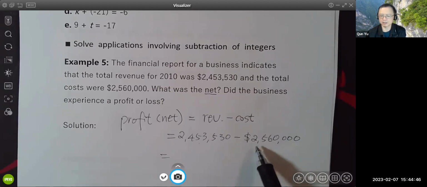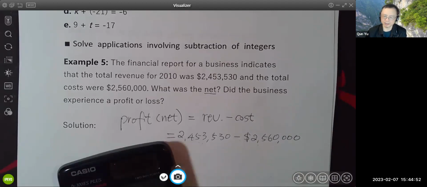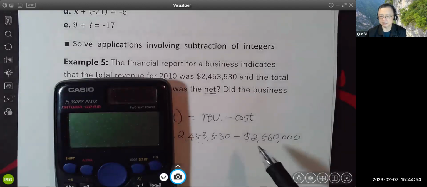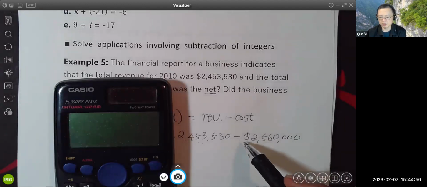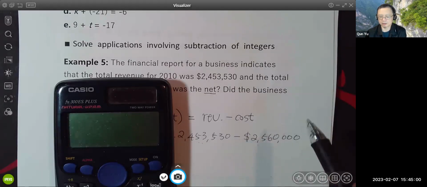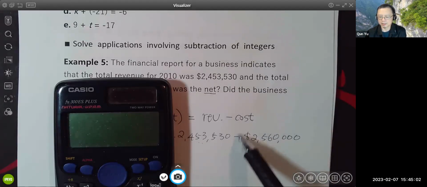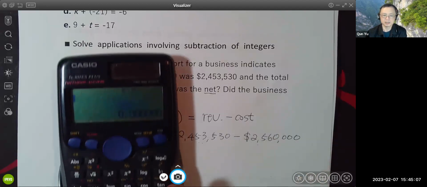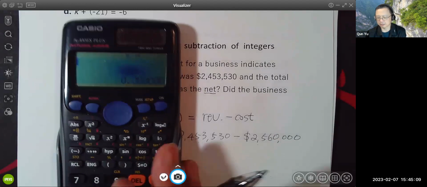Because the second number is bigger than the first number. Whenever you subtract a bigger number from a smaller number, you're going to get a negative result. So if you want to do it manually, or convert minus to plus, that is totally fine. The result will be the same. So I'm going to do just subtraction directly.